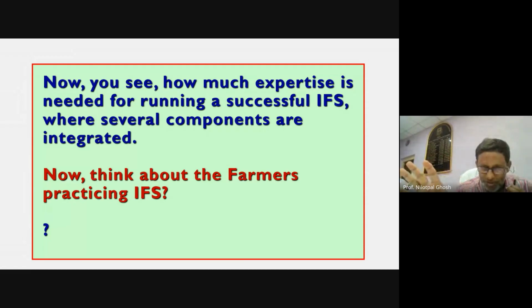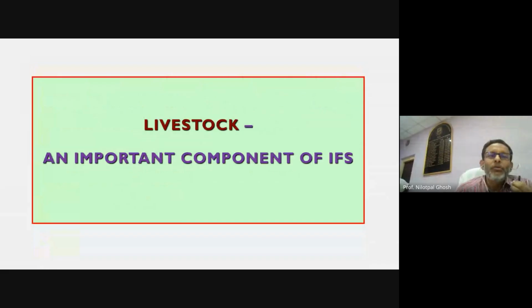This is the situation. So for integrating agriculture, horticulture, animal husbandry, fishery, so many experts are needed. But in reality, is it possible? Because it is to be practiced by our farmers. This is the point where we should give the emphasis, not only comments that it is better or it can be developed or it is already developed, whatever. Now, what I have started is that in this lecture, it is livestock-based integrated farming system.